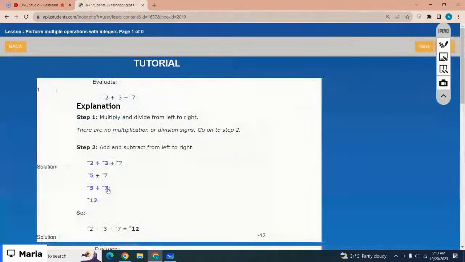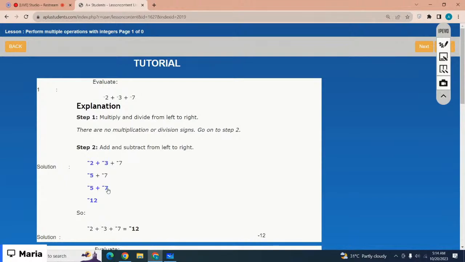Okay, let's just start with the first one, negative 2 plus negative 3 plus negative 7. In the first step, you have to evaluate multiply and divide from left to right, right? And the second step is you have to add and subtract from left to right. So start with the left, negative 2 plus negative 3.